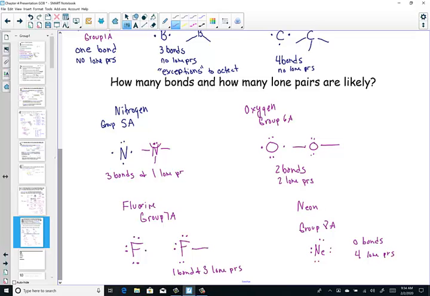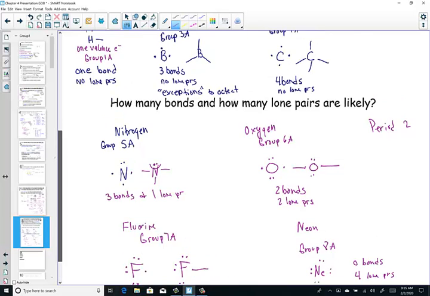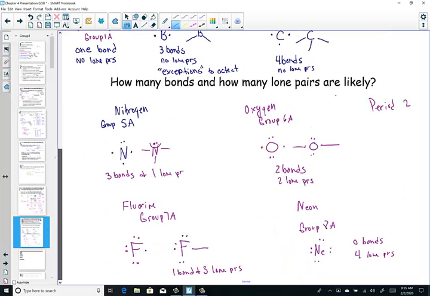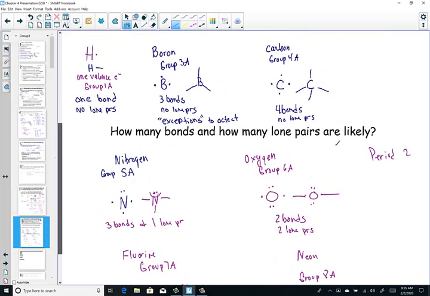So we've investigated period 2, all of the non-metals, plus hydrogen really. Hydrogen with its 1 valence electron forms 1 bond only. Boron with 3 valence electrons had 3 bonds. Carbon with 4 valence electrons wanted 4 bonds.